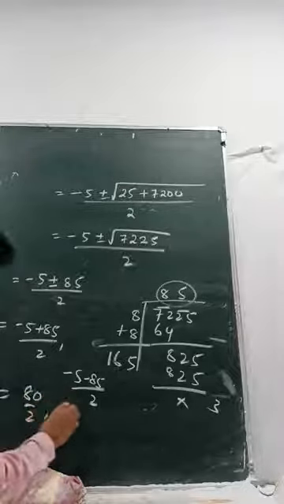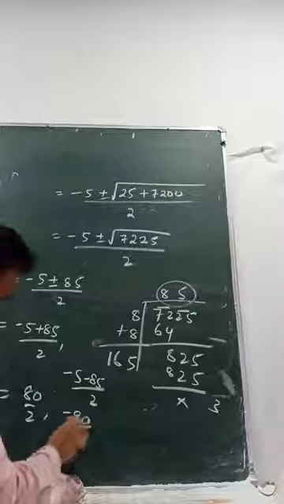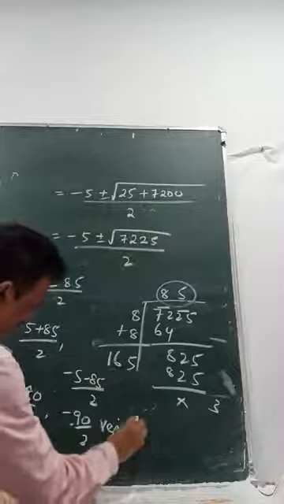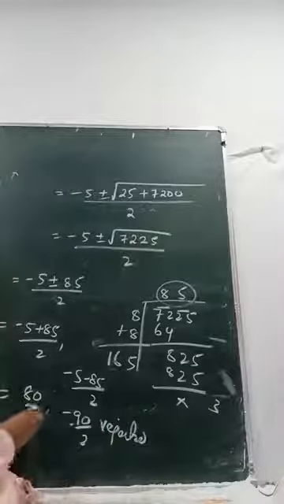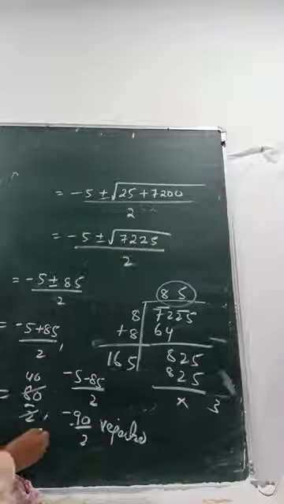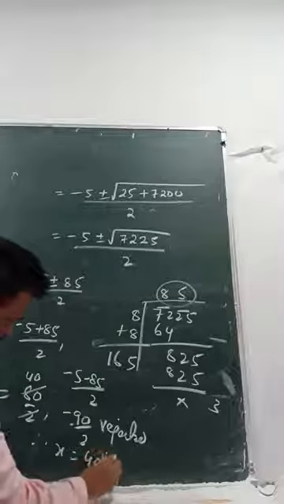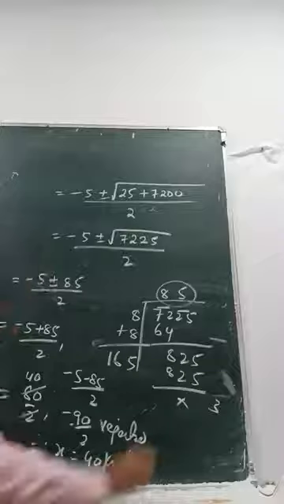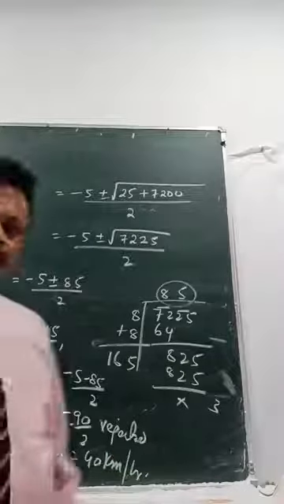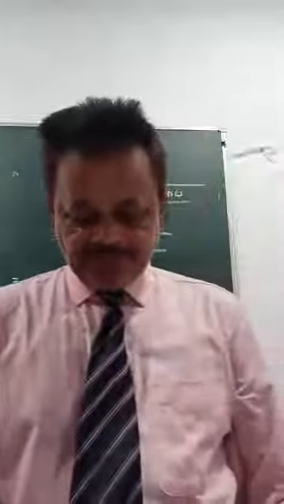This is minus 90 by 2. Speed cannot be negative, rejected. Then 40, therefore x equals 40 kilometer per hour. Okay, so like this we'll continue. See next question.